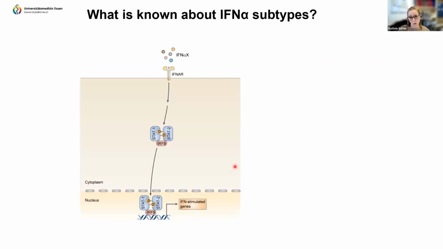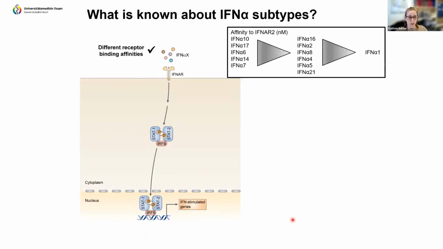So what do we know about all these different interferon alpha subtypes? This is similar to the slide I showed you before. We have the interferons that bind to their receptor, we have the activation of this downstream signaling, and then we have the induction of the interferon stimulated genes. What we know so far is they all have different affinities to their receptor.